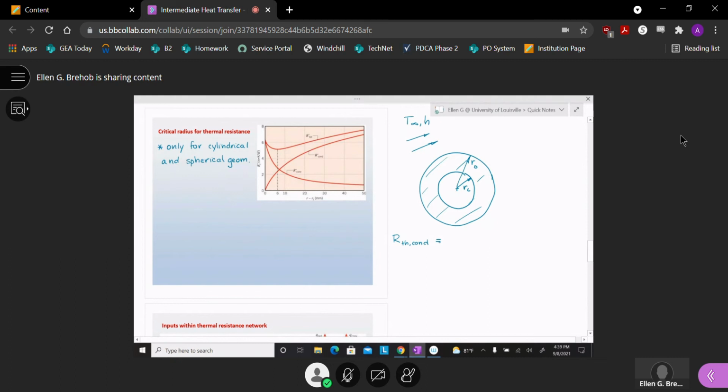If I looked for the thermal resistance due to conduction through this cylindrical wall, it looks like, we've already talked about the radii, so I think you are imagining this. This is going to be thermal conductivity for the tube, and this is the length of the tube.